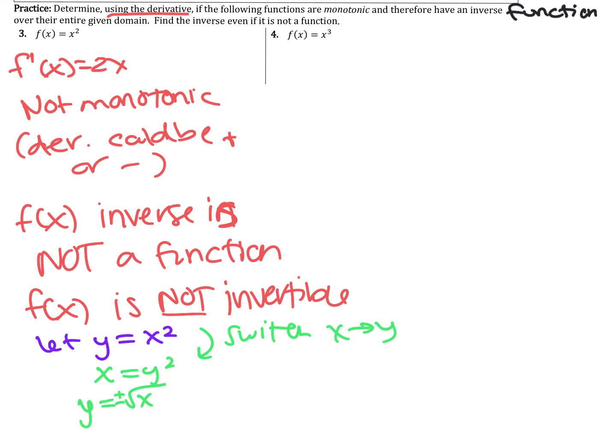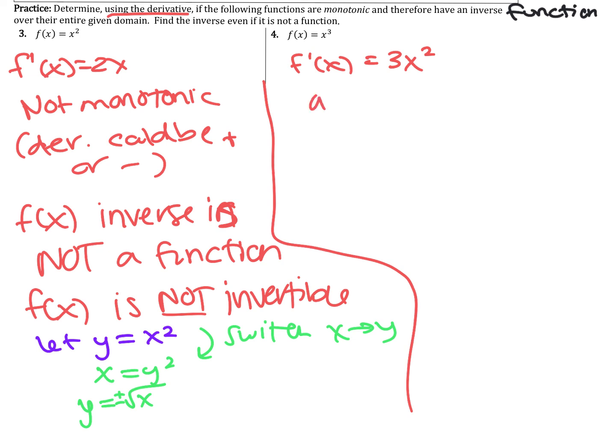Let's look at one last example. If we find the derivative here, the derivative is going to be 3x squared. Now I want you to think about what happens if you plug in a negative number, what happens if you plug in a positive number. Since what we're doing to the numbers that we're plugging in is squaring them, this is always going to be positive.